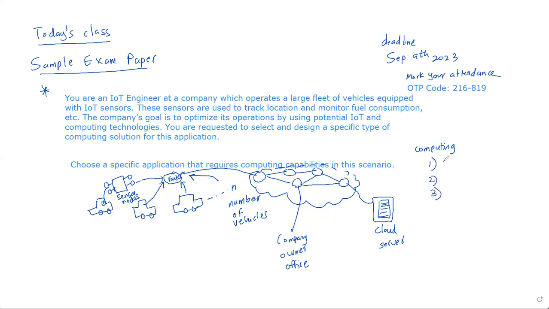Yeah. So there are mainly three computing technologies that are popular. So cloud computing, fog computing, and edge computing, right? So, what is the difference between these three computing technologies? Do you know?